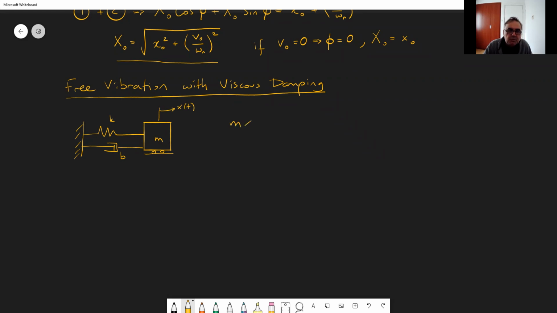Our equation of motion now is m x double dot plus b x dot, this is our new term, plus kx equals 0, with the initial conditions x of 0 is x0, x dot of 0 equals 0. We need to solve this. And this is our viscous damping term.